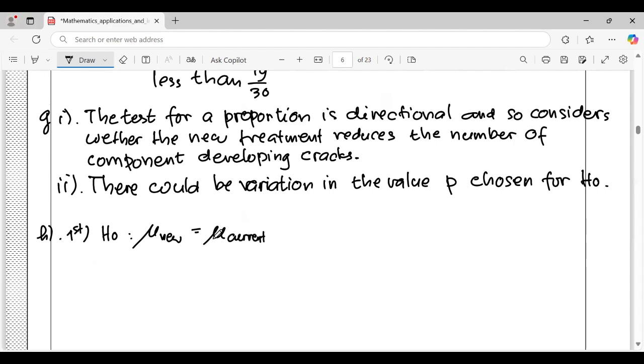Mu new represents the mean length of time before cracks appear with the new technique, and mu current means the length with the current technique. And the alternative hypothesis is mu new greater than mu current.